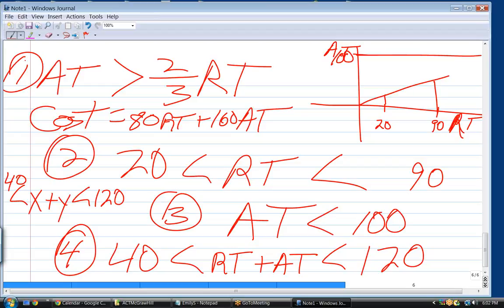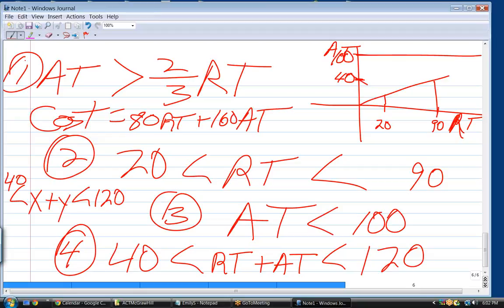So Y has to be greater than 40 minus X. How do we make these equations?